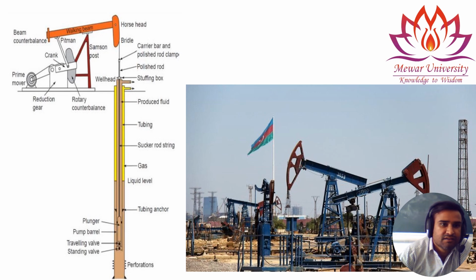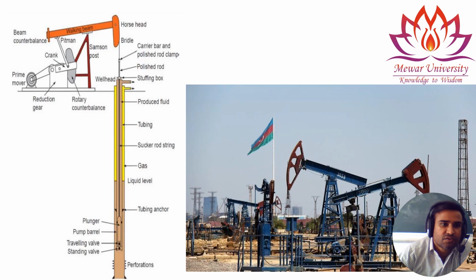This is a bridle. This is a carrier bar, polished clamp. This is the polished rod. Now this is the stuffing box, which is connected to the wellhead, and now again this is going through the production tubing.